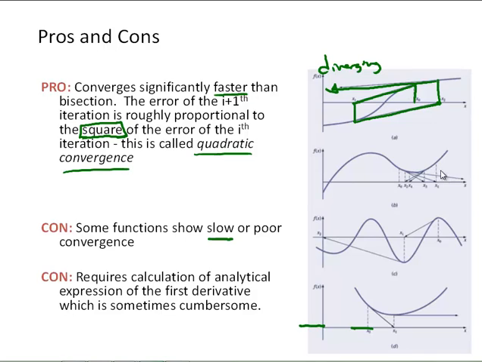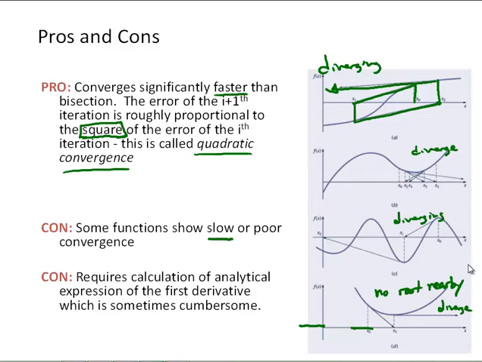Here's one where we diverge again. Another diverging problem. And another diverging problem. So there are numerous cases. Here there's no root shown anyways. And again, there's no root nearby.